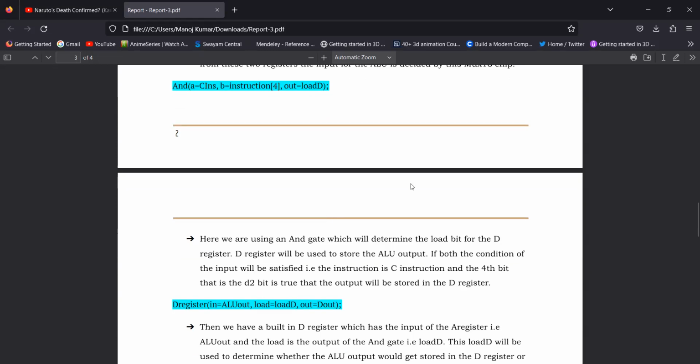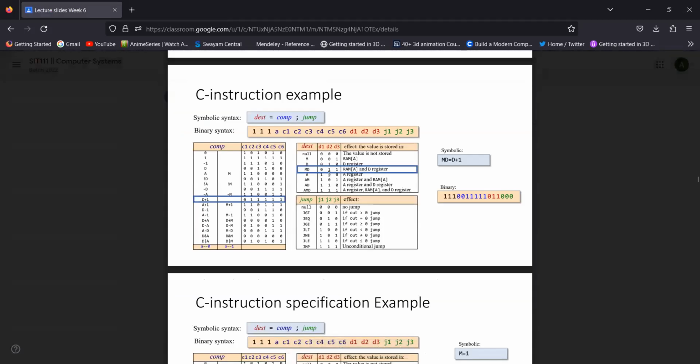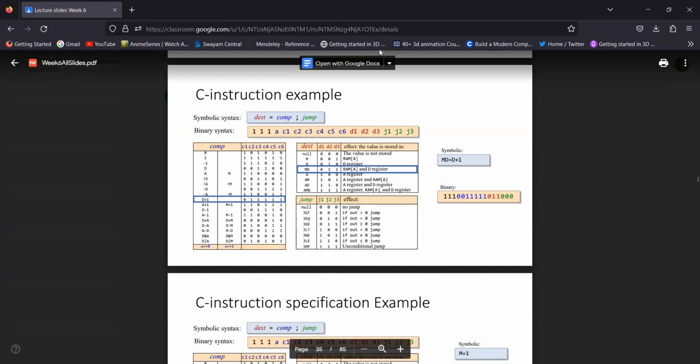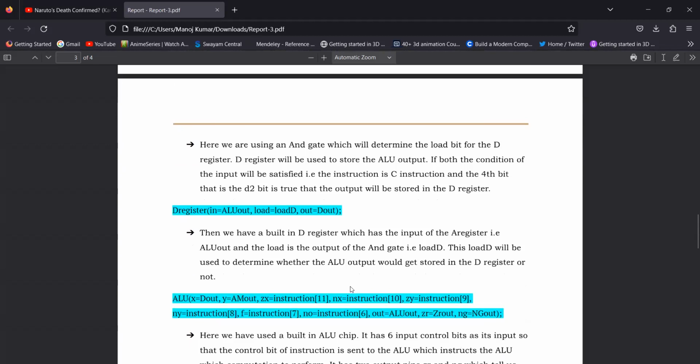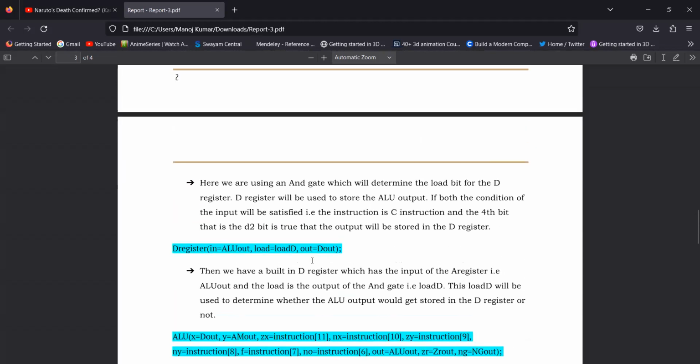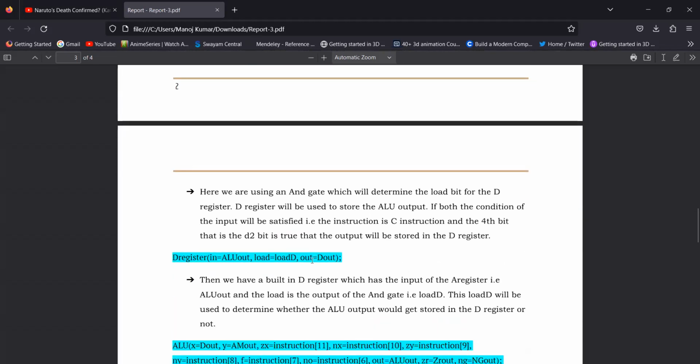In the table that I've shown you before, if the D2 bit is one, then the value is to be stored in the D register. So the AND gate will decide whether the load bit for the D register is to be enabled or not.